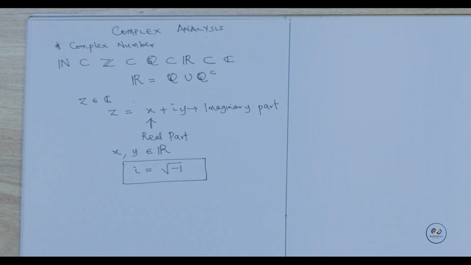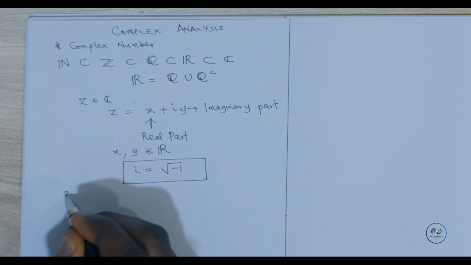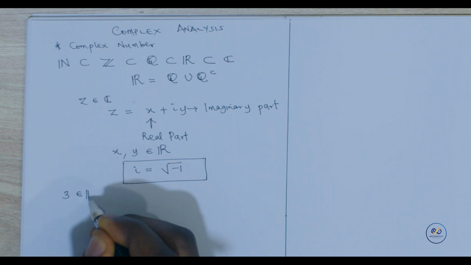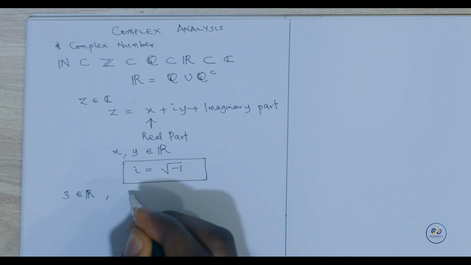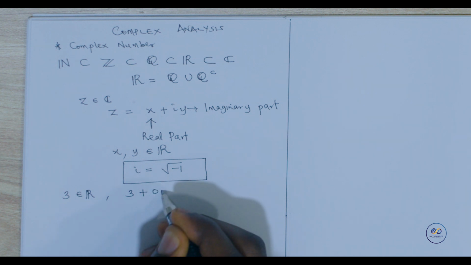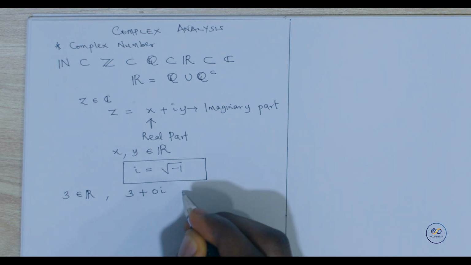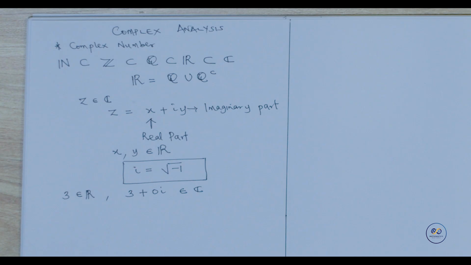Essentially, we can see that every real number is a complex number, but not all complex numbers are real numbers. For instance, the number 3 is of course a real number, but it can also be written as 3 + 0i, which makes it a complex number.